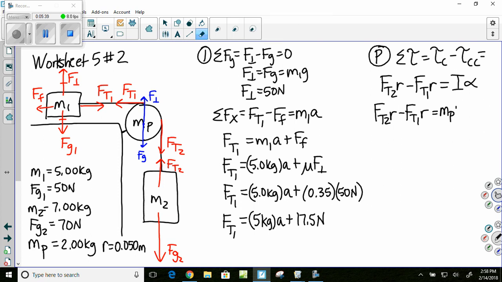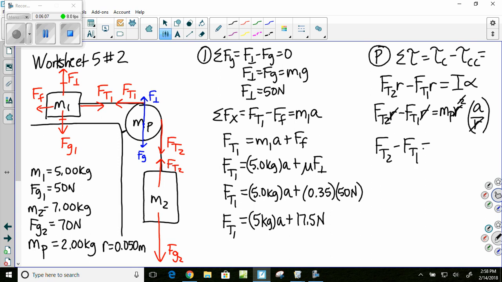And then alpha, instead of alpha, so hopefully you're getting more accustomed to making this substitution, alpha is a over R. So now one of the R's will cancel here, and all of the other R's will now cancel. So I'm left with Ft2 minus Ft1 equals the mass of the pulley times a. Okay, I have three unknowns, and that doesn't help me at this point.